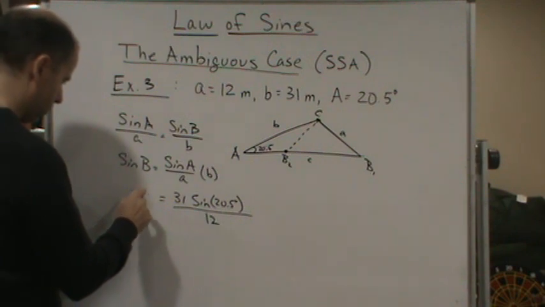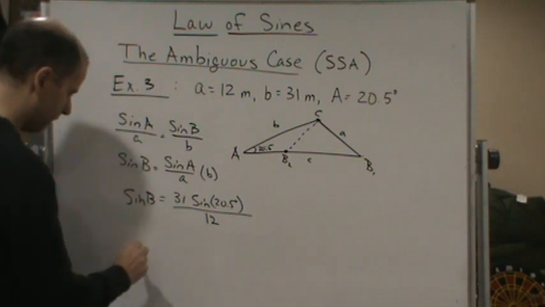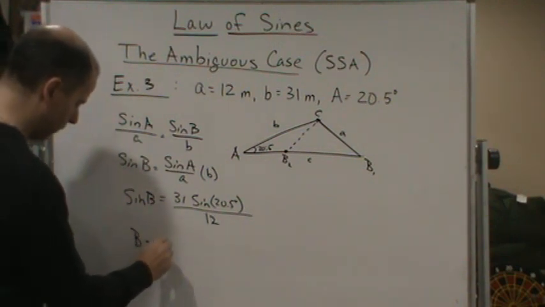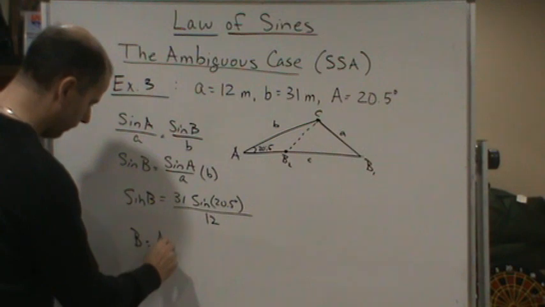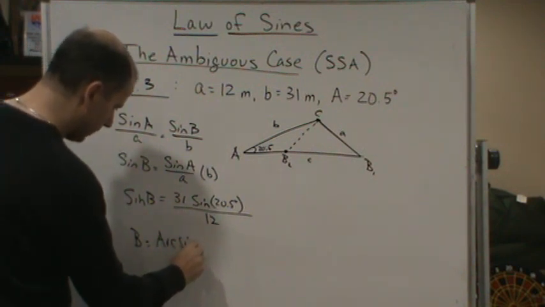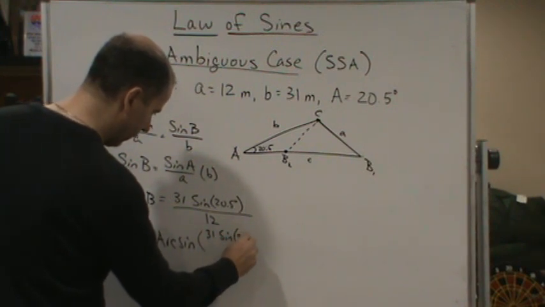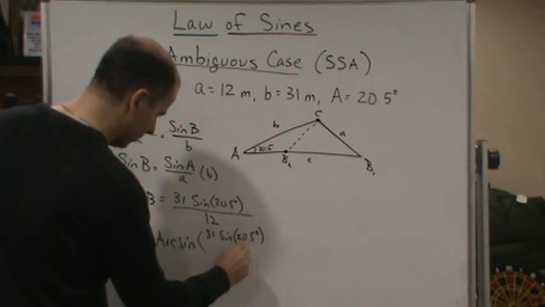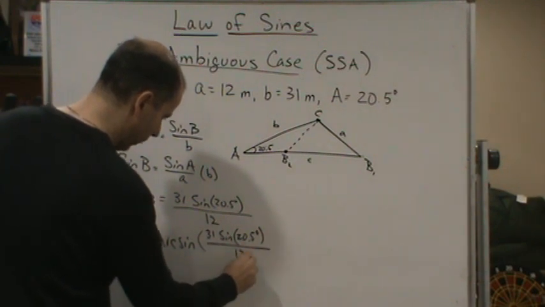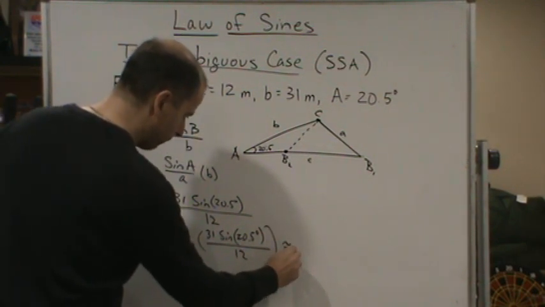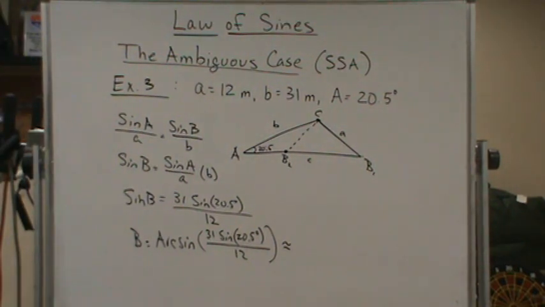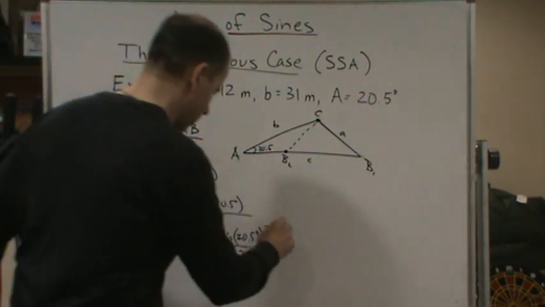So if I do this, I get B equals the arc sine of 31 times sine of 20.5 degrees divided by 12. And that's going to be approximately equal to 64.8 degrees.